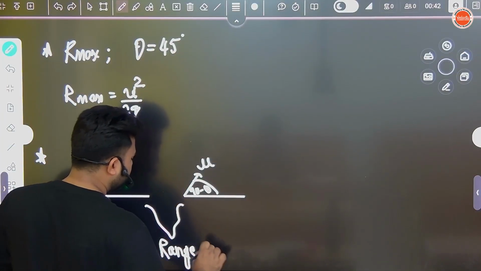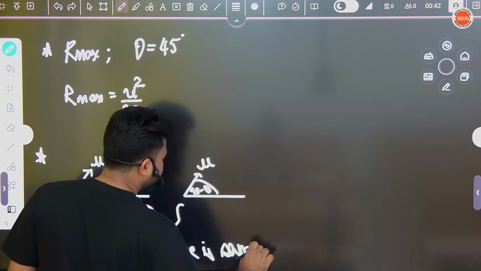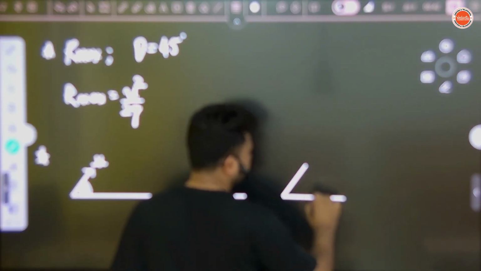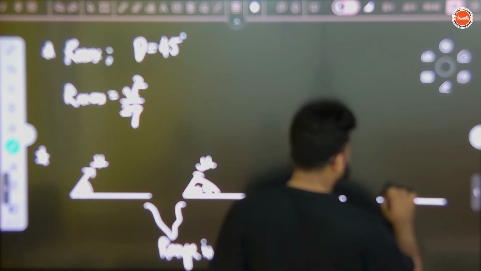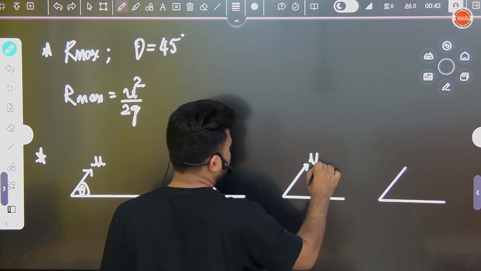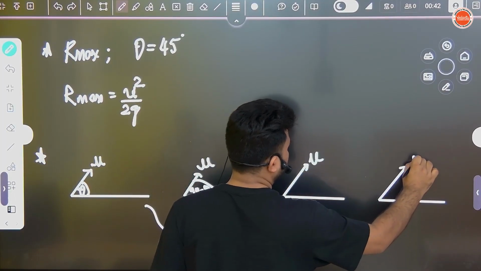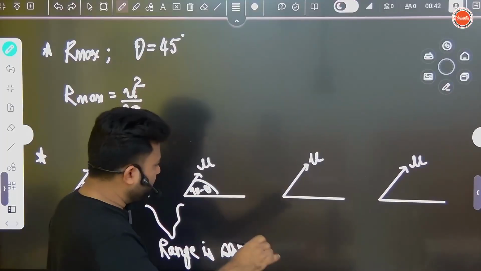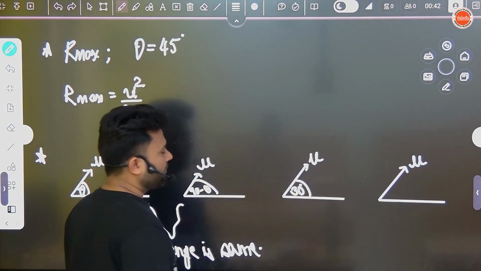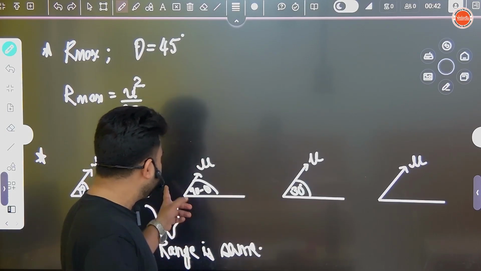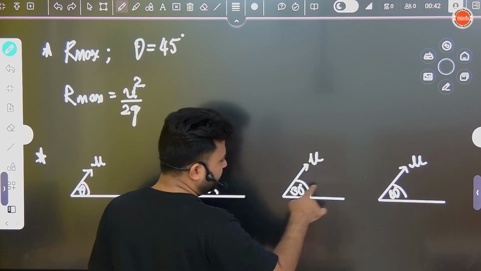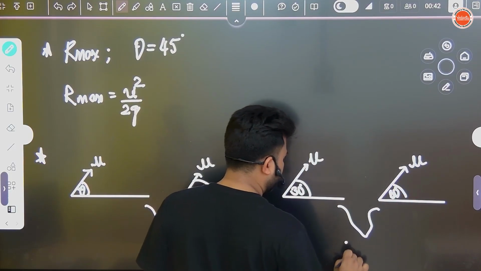What I mean to say is that if you project any ball with some speed u, whether you project with theta, for example 30 degrees, or you project the ball at 90 minus theta, 90 minus 30 is 60 degrees, in both these cases range will be the same.